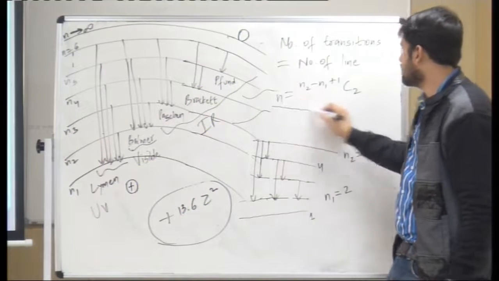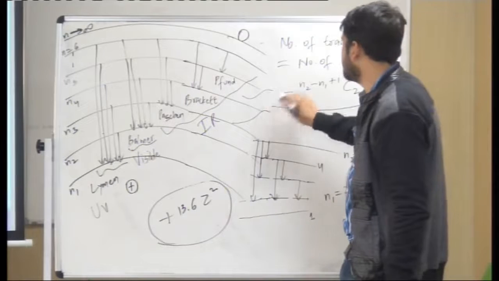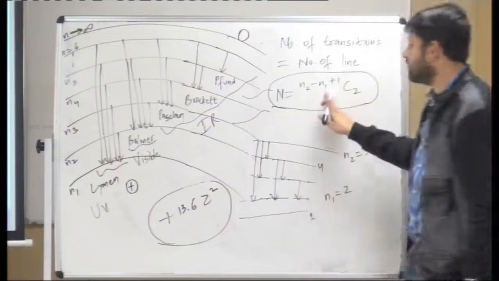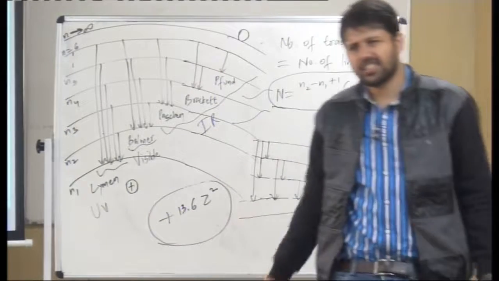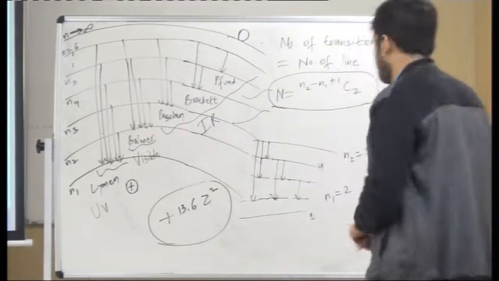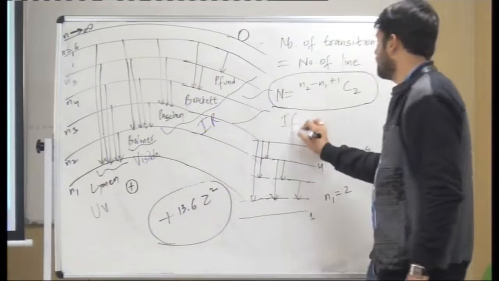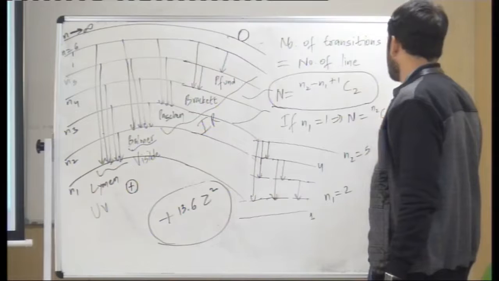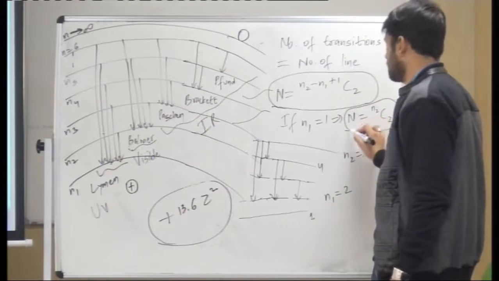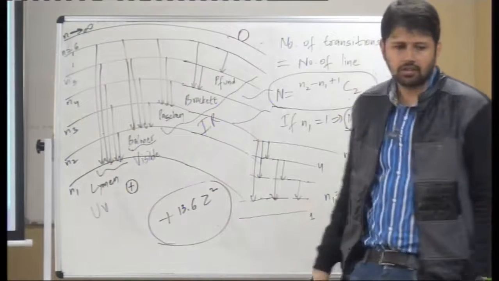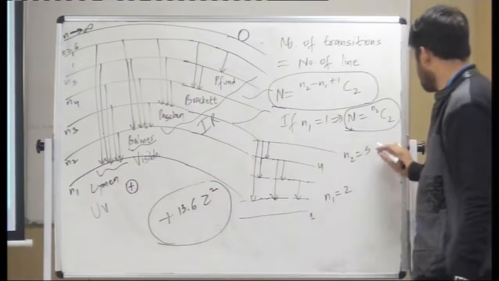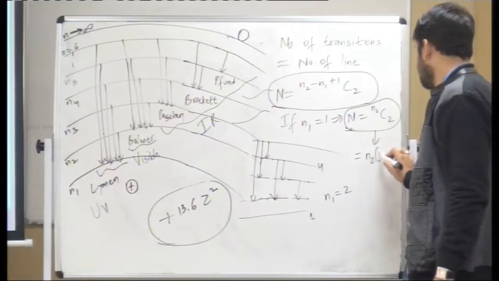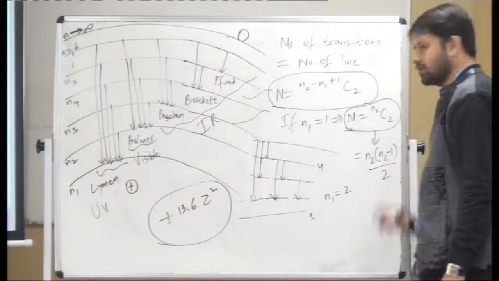So the number of transitions, capital N, can always be written like this. Since most of the time N1 is 1, it would be NC2 directly, right? If N1 is 1, capital N would be N2C2 directly, and N2C2 is nothing but N2 into (N2 minus 1) upon 2.